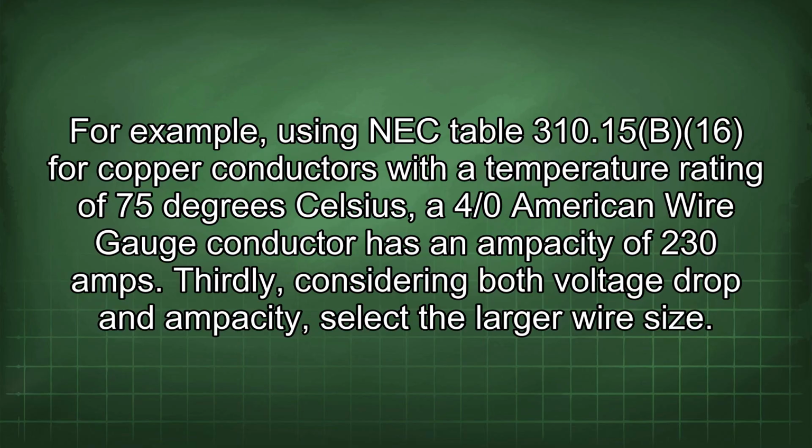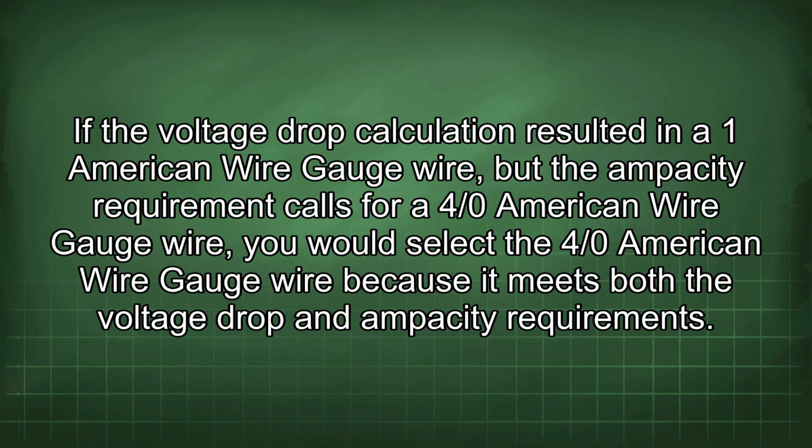Thirdly, considering both voltage drop and ampacity, select the larger wire size. If the voltage drop calculation resulted in a 1 American wire gauge wire, but the ampacity requirement calls for a 4/0 American wire gauge wire, you would select the 4/0 American wire gauge wire because it meets both the voltage drop and ampacity requirements.